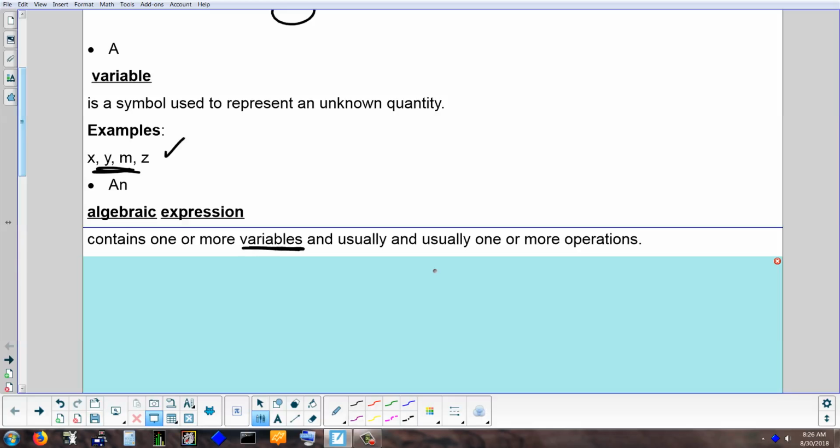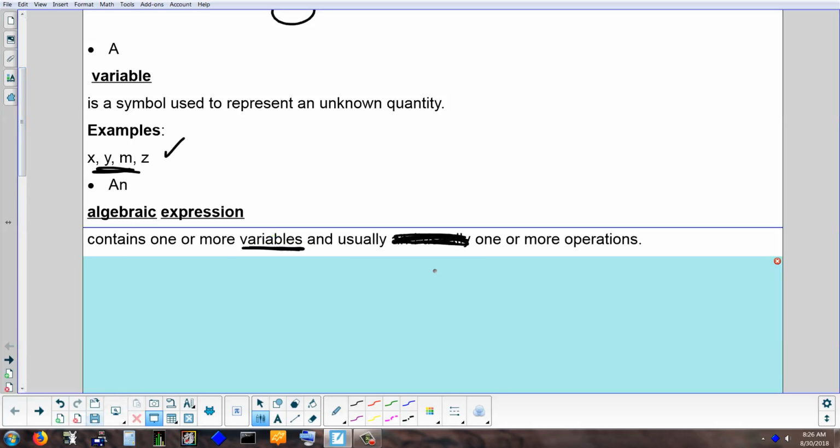Plus, minus, multiply, divide. Yeah, so the 4 basic ones are add, subtract, multiply, divide. So an algebraic expression has a variable, and usually one or more operations.